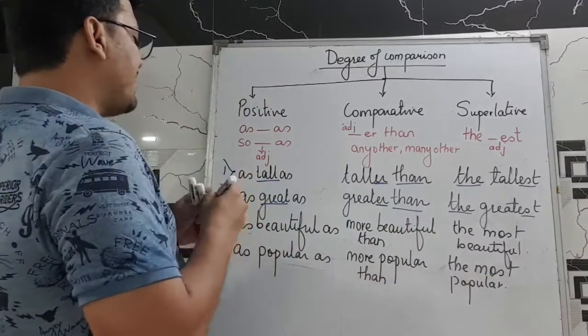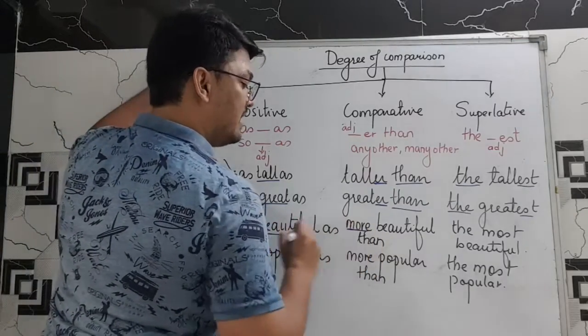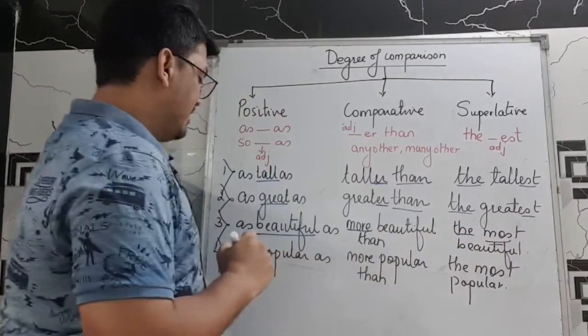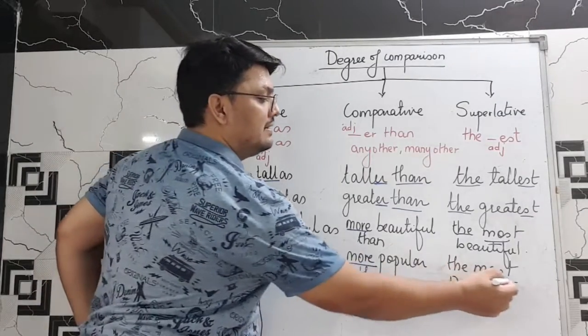You can see how I changed beautiful. As beautiful as turned into more beautiful and the most beautiful. As popular as turned into more popular and the most popular.